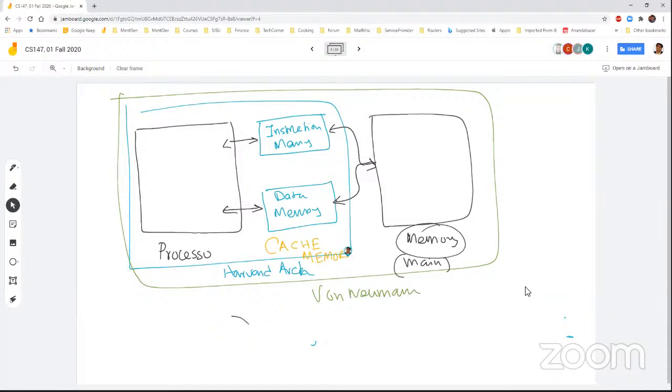So this entire thing is called a cache memory, and all modern processors go with this cache memory. It's not only for the pipeline support, but it has other advantages we'll see in the memory hierarchy study during the end part of this semester.